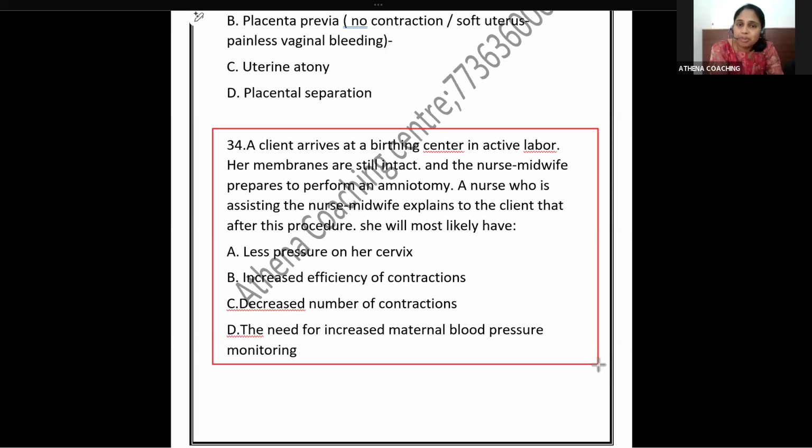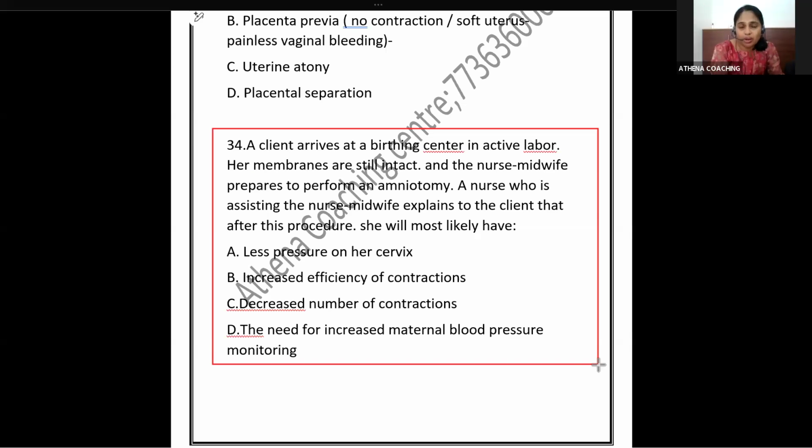Okay, and the membrane is intact. What is the membrane? The amnion, which encloses the amniotic fluid. So the membrane is intact, and we are preparing for amniotomy. What is amniotomy? Opening the amnion and letting the amniotic fluid move out. Usually after amniotomy there will be chances of a gush of fluid moving out.